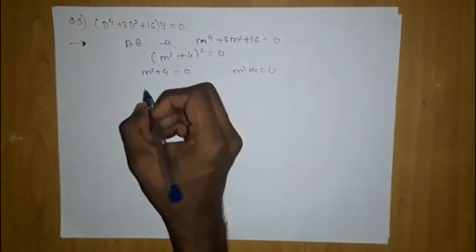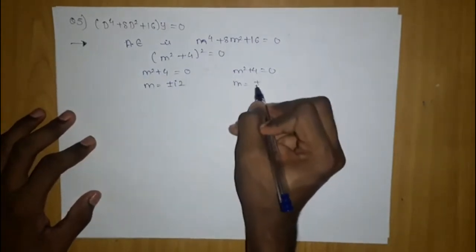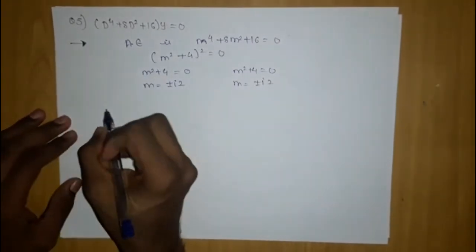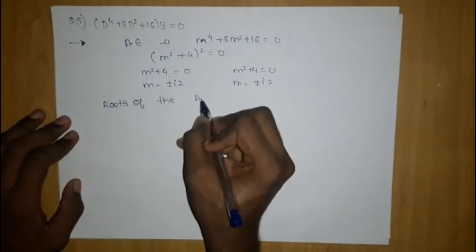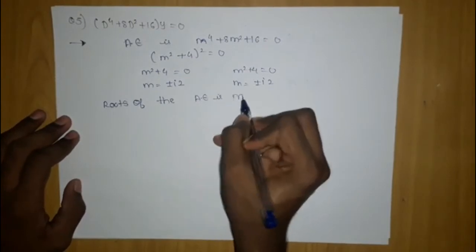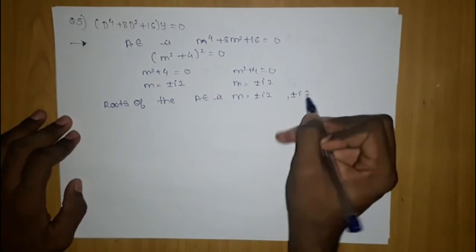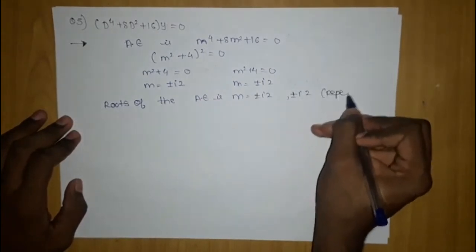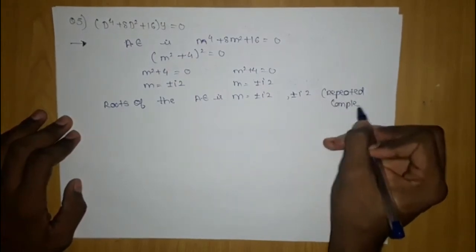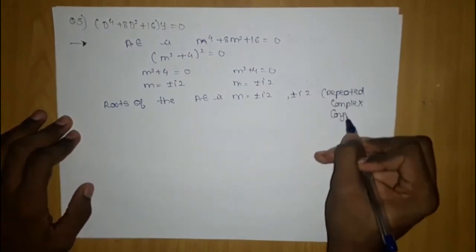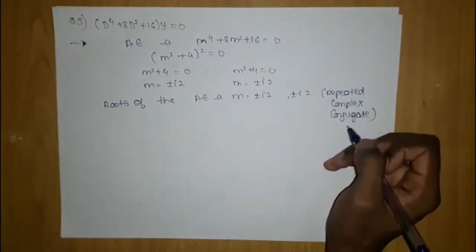If you try to get the roots, they are plus minus 2i, plus minus 2i. So the roots of the auxiliary equation are m equals plus minus 2i, plus minus 2i. Repeated complex conjugate.